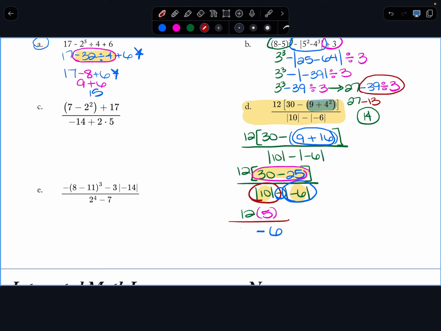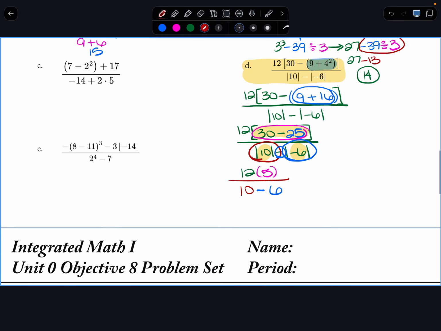And now I can do my multiplication in the top and my subtraction in the bottom. So I get 60 in the top divided by 4 in the bottom. So I get 15. Questions that you guys have?